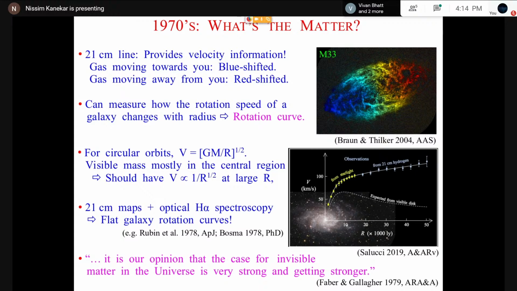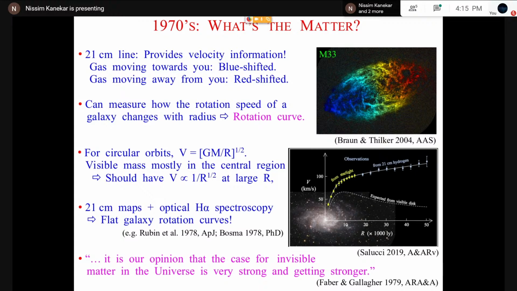Then the spectral line will be Doppler shifted to higher frequencies. It will be blue shifted, as the jargon goes, in wavelength. On the other hand, if the gas is moving away from you, the line will shift to longer wavelengths or lower frequencies, and the line will be redshifted. And so the motion of gas can be immediately determined by observing a spectral line like the 21 centimeter line.